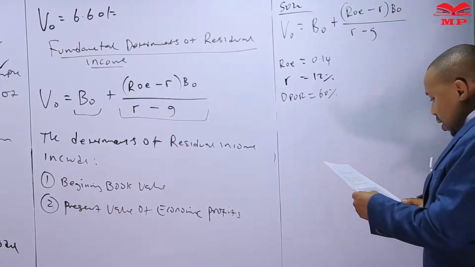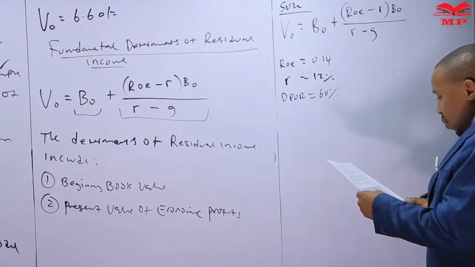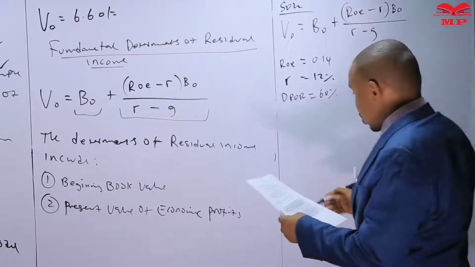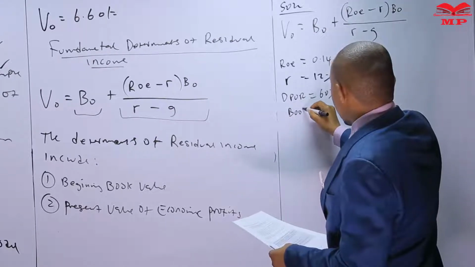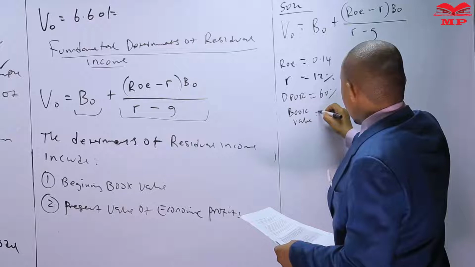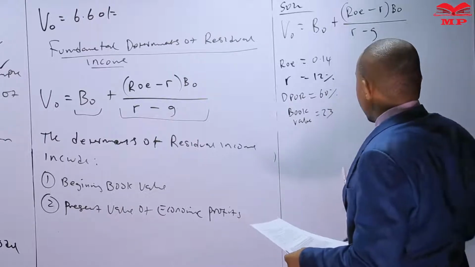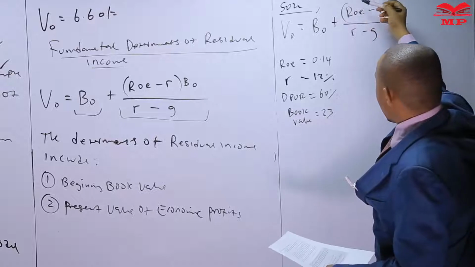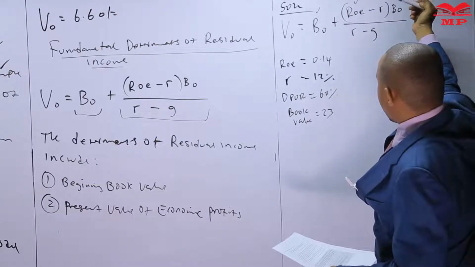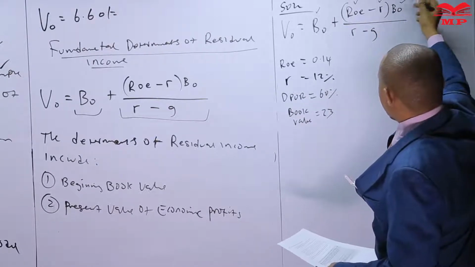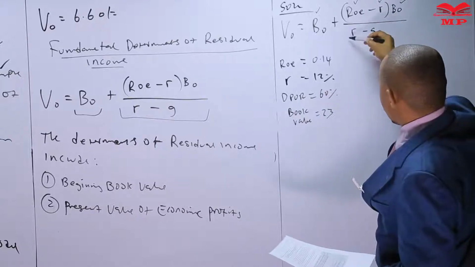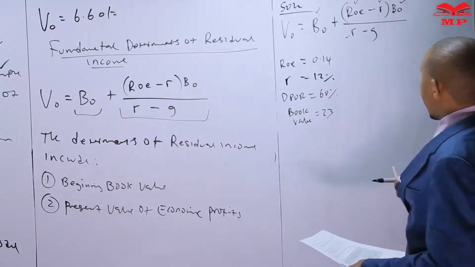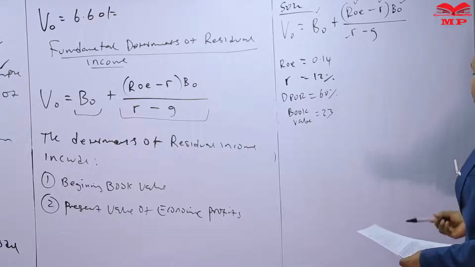What else have we been given? We've been told the book value also is 23. So we have the beginning book value, yes, we have that. The ROE has been given, the required return has been given, the book value has been given. What we don't have and we need to compute is the G.